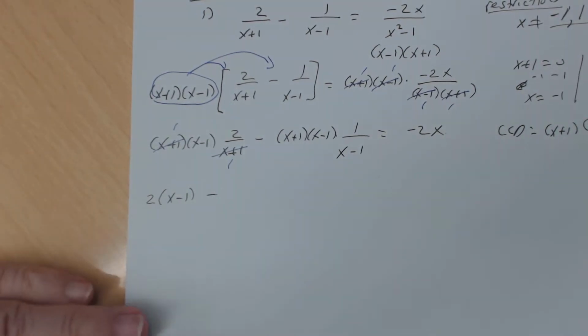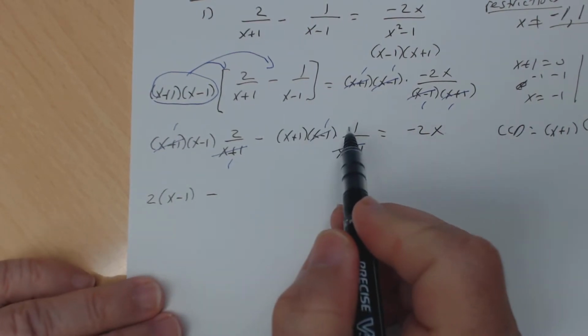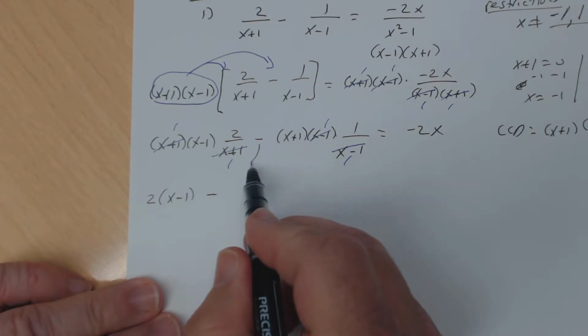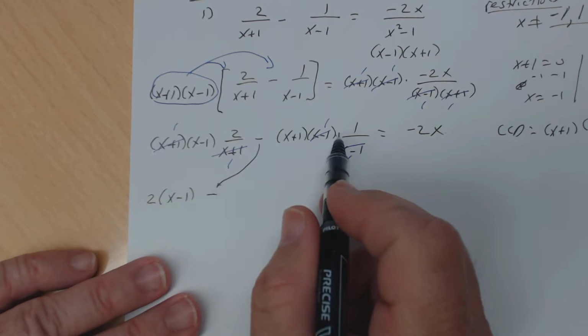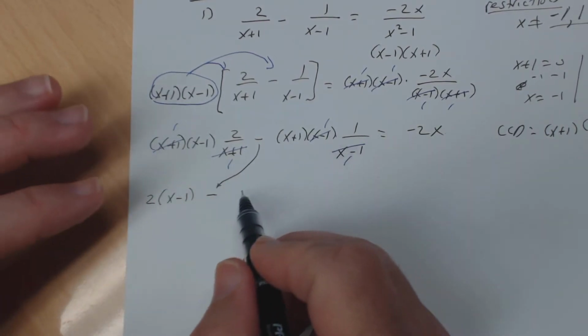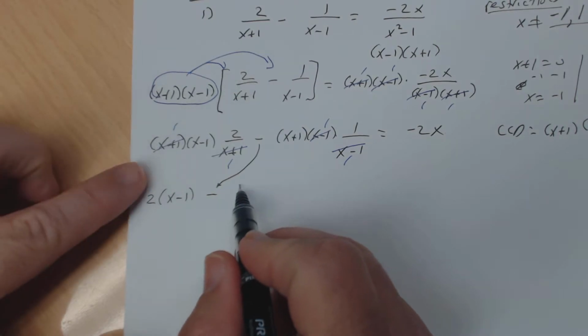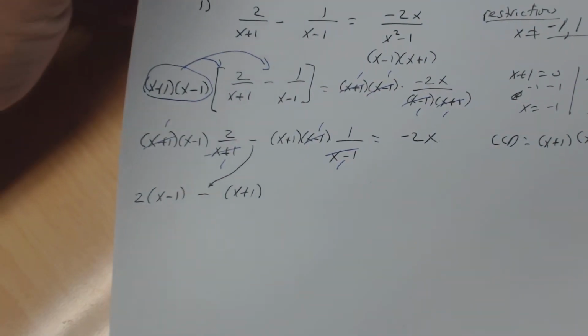Minus, over here, the x minus 1's divide out, and you get 1 times x plus 1. Again, since that's a subtraction, be on the safe side. Put that 1 times 1 is 1, and then 1 times x plus 1 is still x plus 1, but put it in parentheses. If you don't put in parentheses, look at what's going to happen.